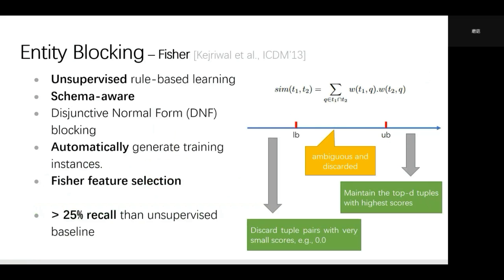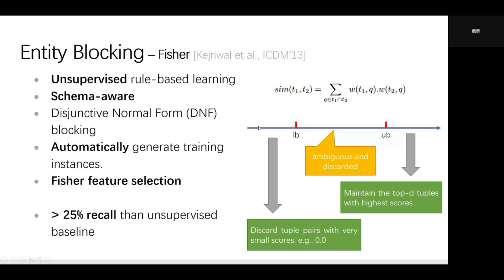Fisher is also a rule-based learning method, but it is unsupervised. The main contribution is to automatically generate the training instances. In summary, the authors set two values, a lower bound and an upper bound. In the region whose similarity is higher than the upper bound, some pairs are selected and considered as positive pairs.